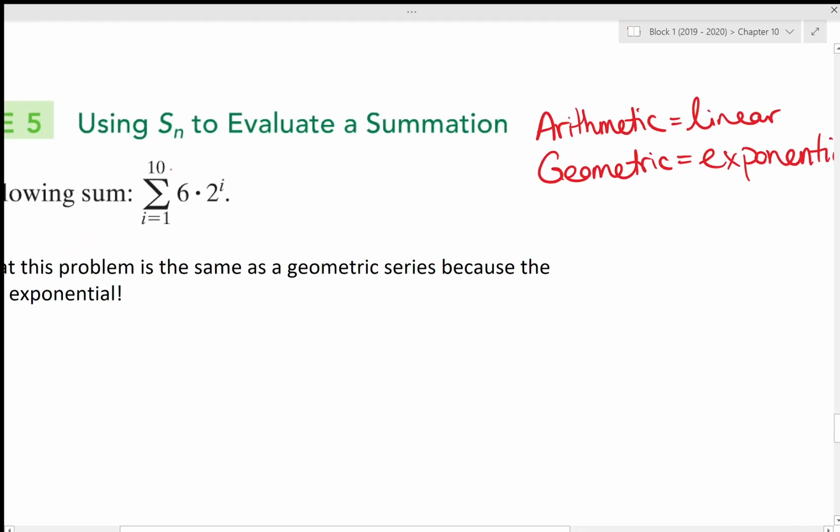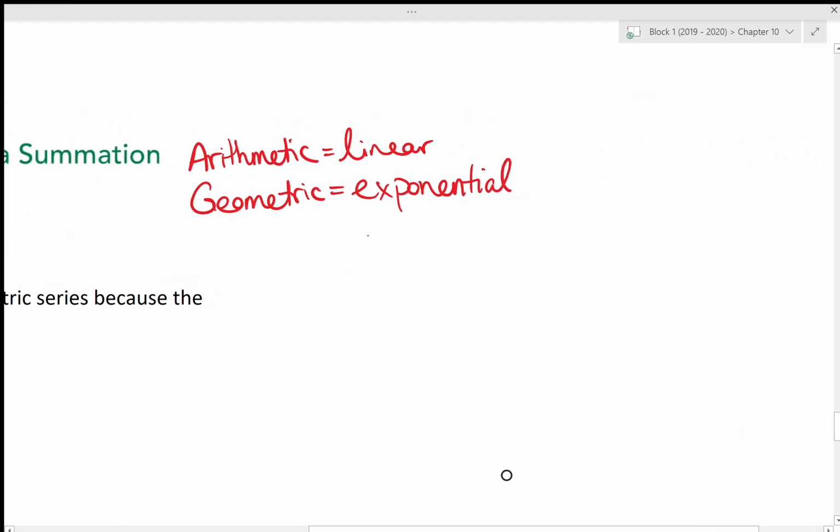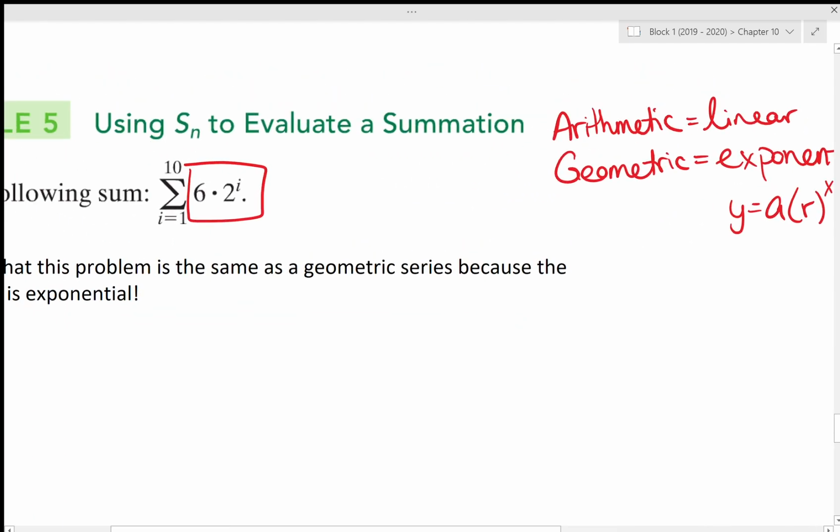So if you see your pattern is exponential, y equals a times b to the x, right? Your b is really the way the pattern goes, it's 6 times your r to some power. So, I see this as exponential.